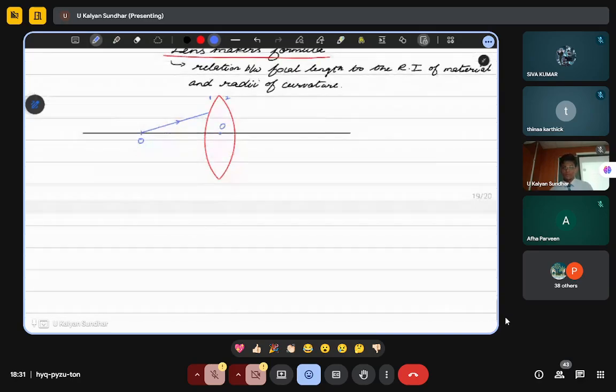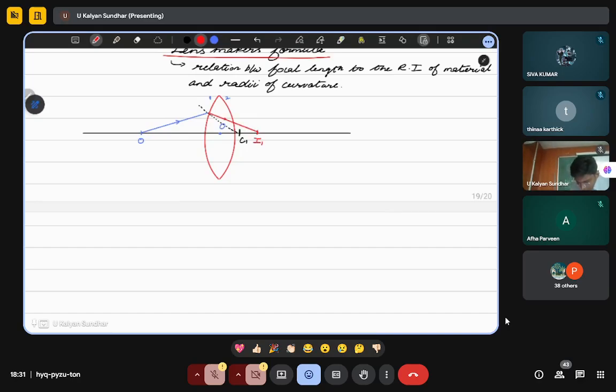Now, for the first refracting surface, இந்த இடத்துல hit ஆகுதுன்னா, there will be something called its center of curvature for the first surface. கரெக்டா? இது இங்க வந்து somewhere here form ஆகும்.